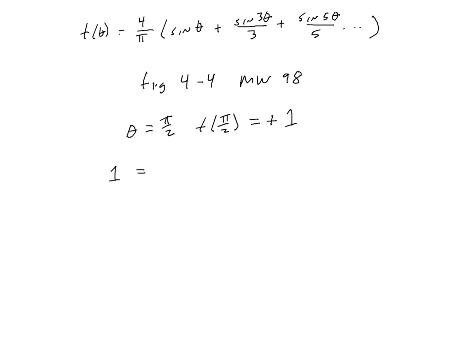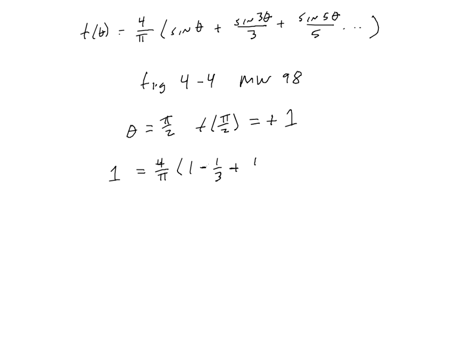Well, that means that 1 is equal to 4 over pi times the sine of pi over 2, which is equal to 1, and then the sine of 3 pi over 2, which is equal to minus 1, so that would be minus 1/3.